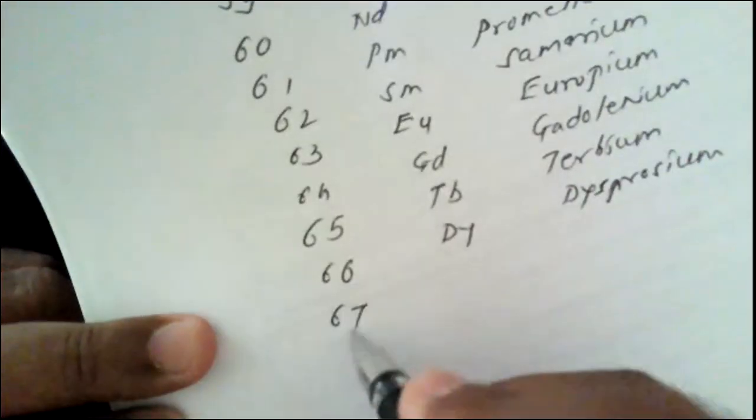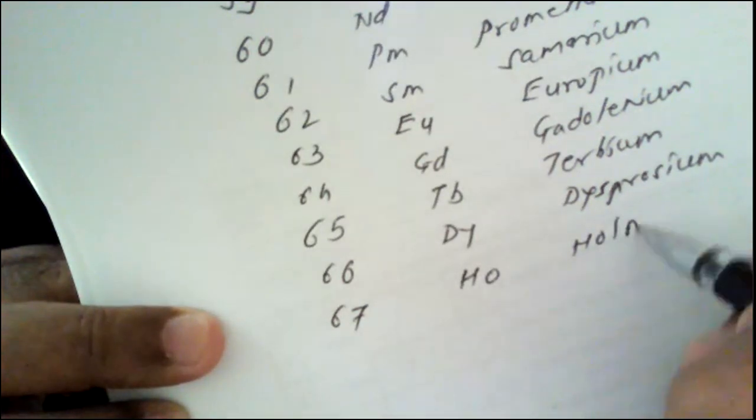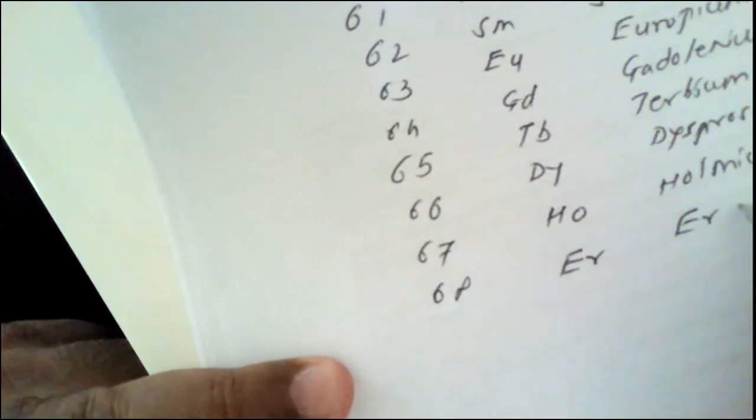Then 66 is Dy, dysprosium. Then 67 is Ho. Name is holmium. Then 68 is Er. Name of the element is erbium. Then 69 Tm. Name of the element is thulium.